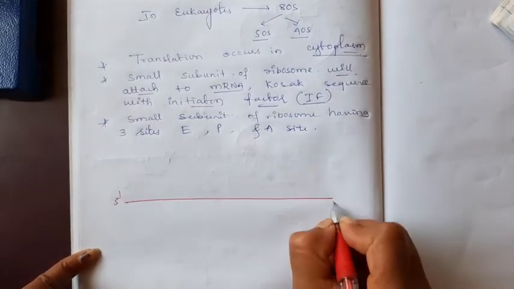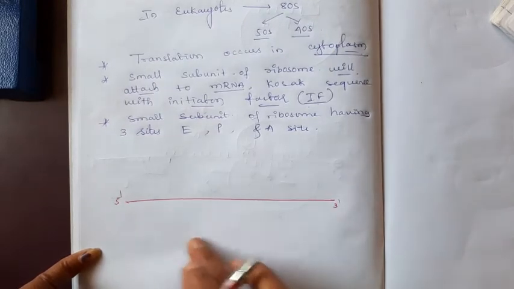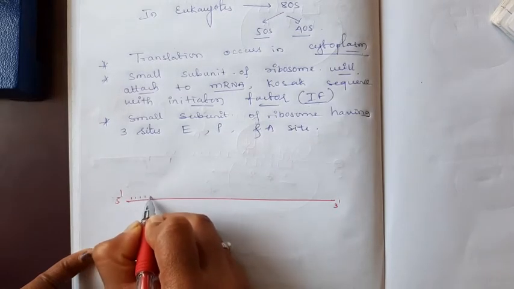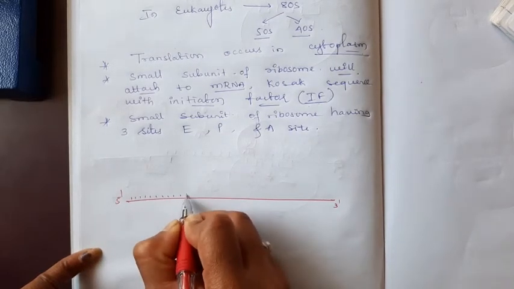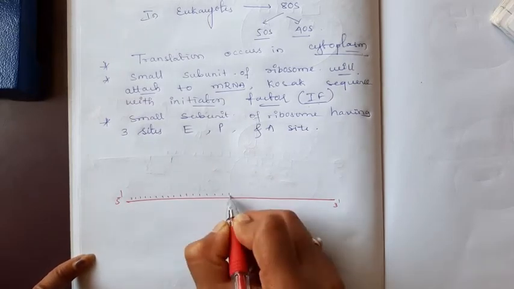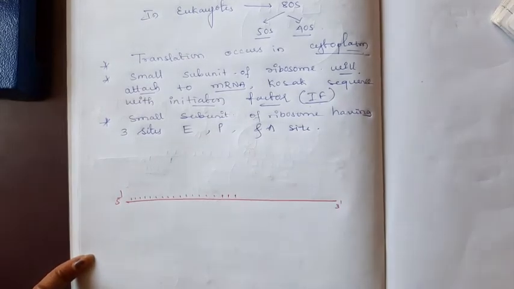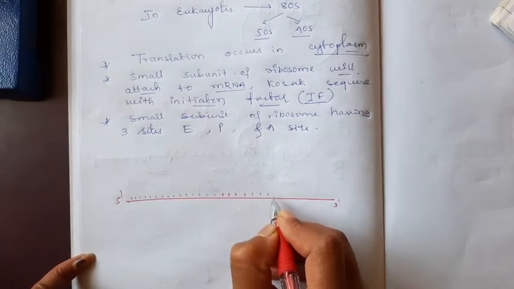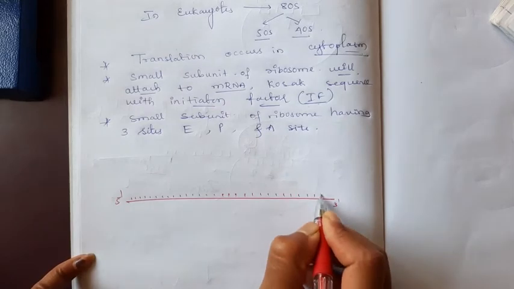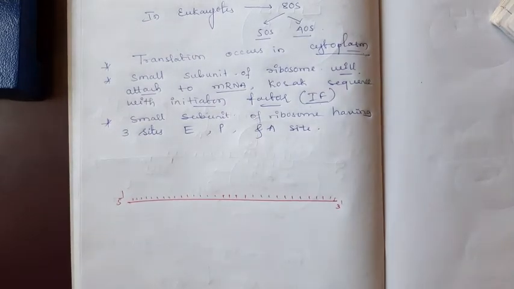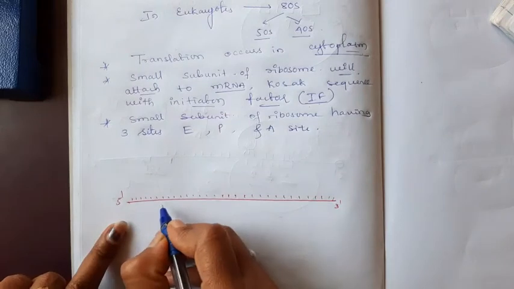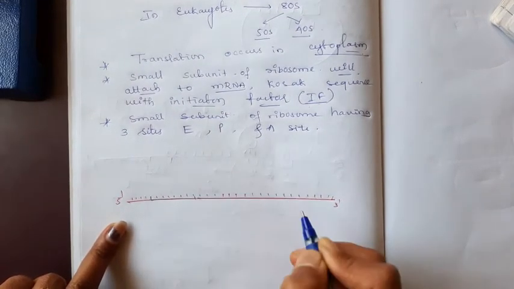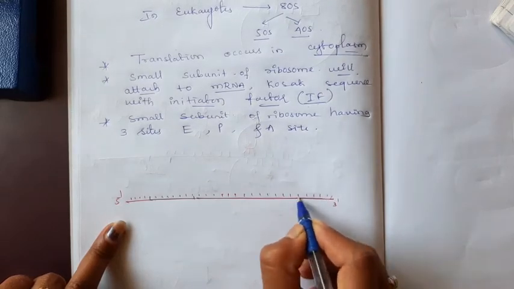This is the mRNA. These are the codons present in it. Here we have to consider this is the Kozak sequence. From here to here, this is the open reading frame, and the last one is the stop codon site.